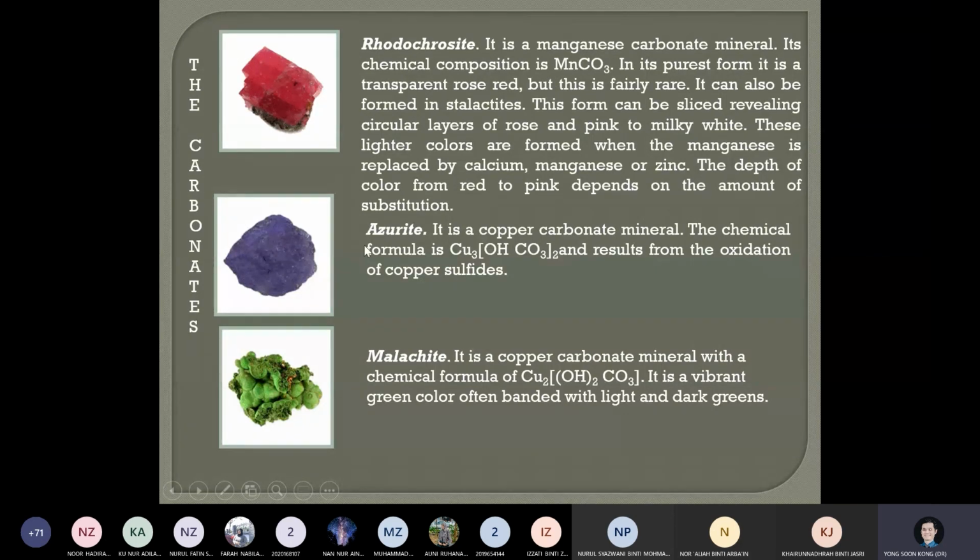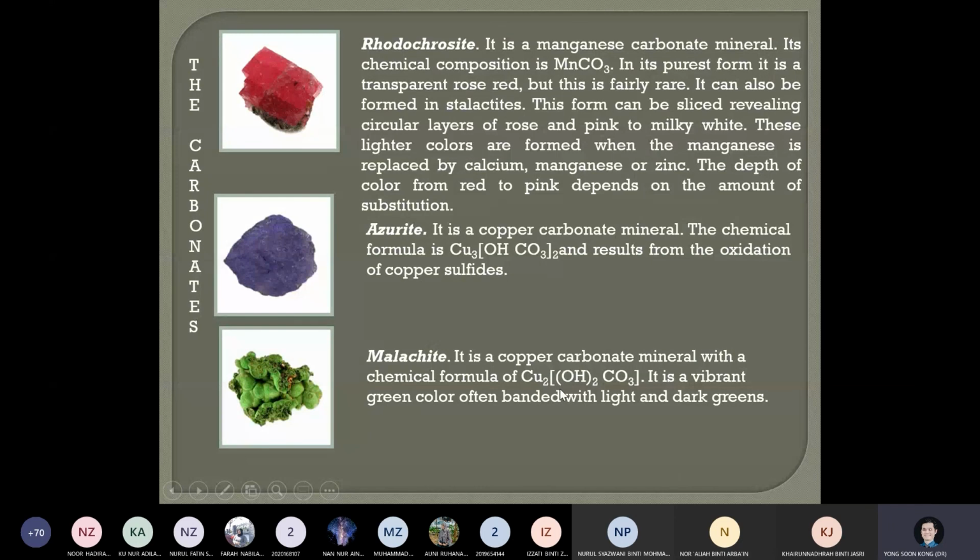So if you look at this azurite, azure means blue. Azure means blue. So where does the blue come from? It can come from copper. It also comes from cobalt as well. So copper is a transition element and usually gives you blue. Sometimes copper also gives you green color like malachite. Malachite is a green color right here, and also contains copper.